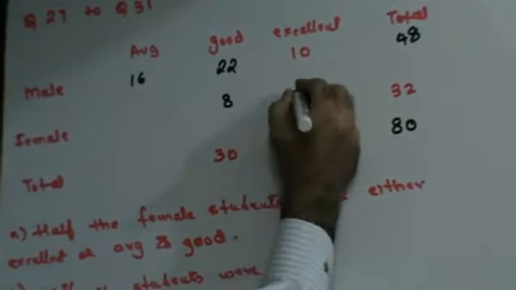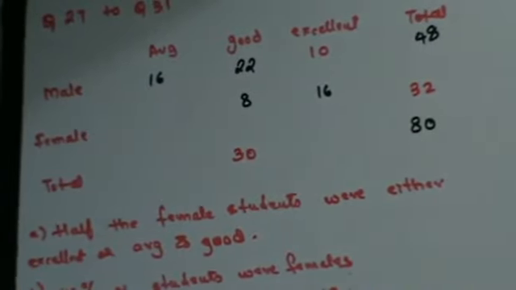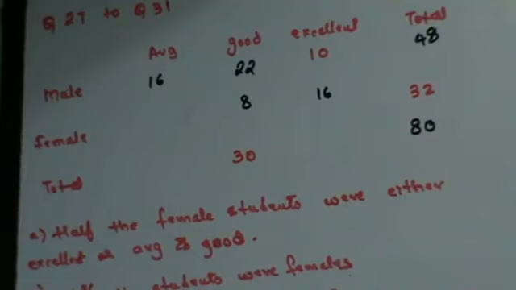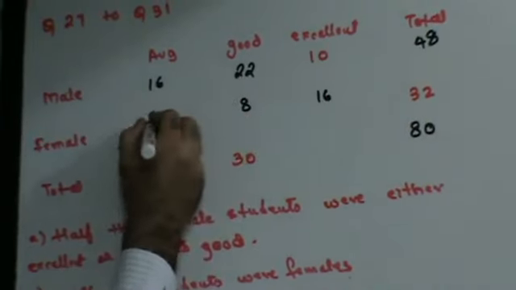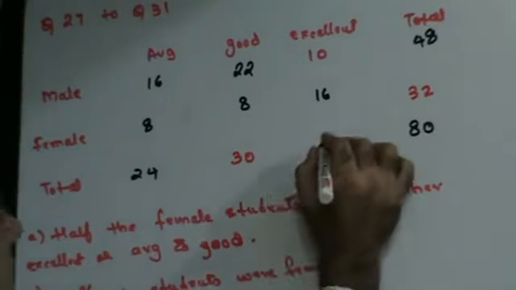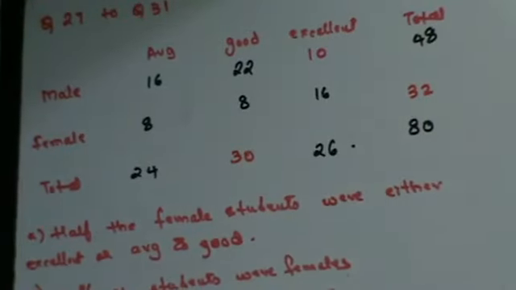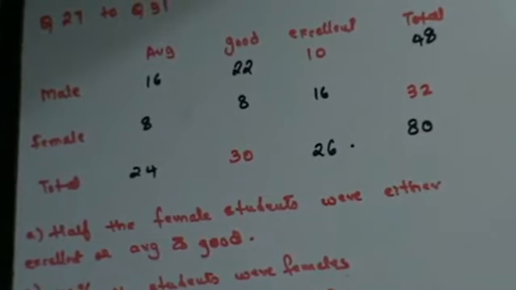So 16 are excellent, and the other half combine to form average and good, out of which good are 8. So average will be 8. So this will be 24 and this is going to be 26. Everything written in black is your blanks. Let's see questions based on this.